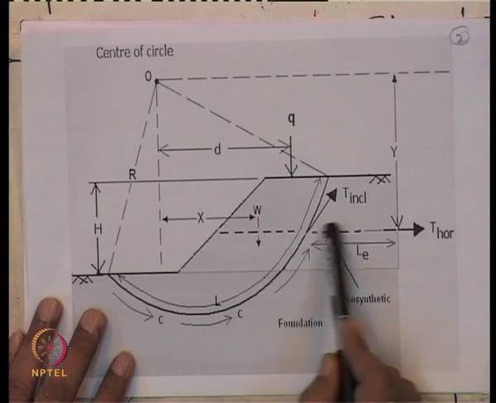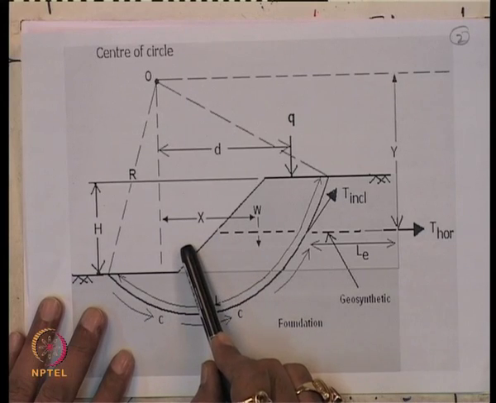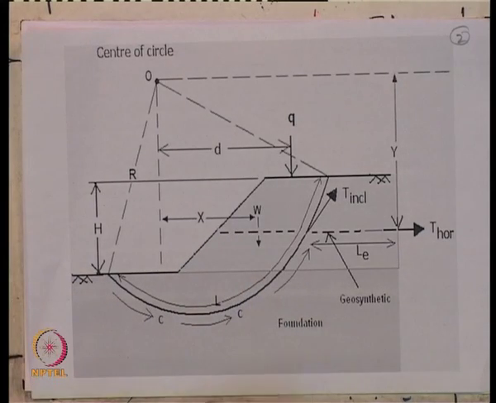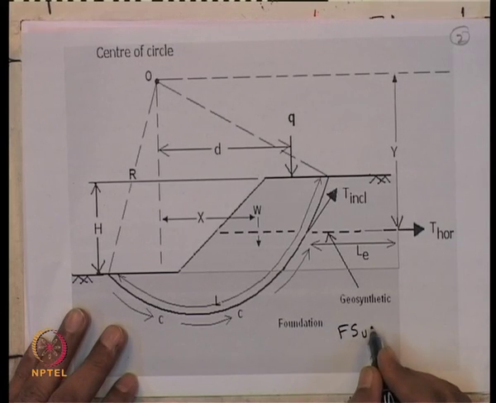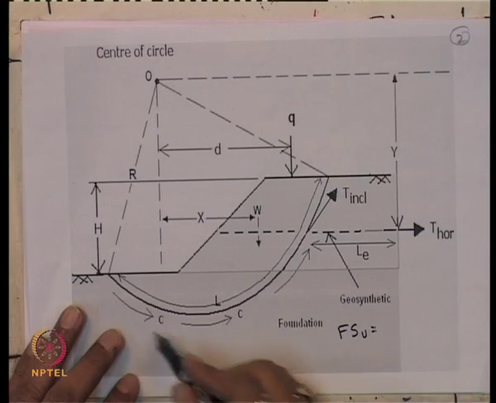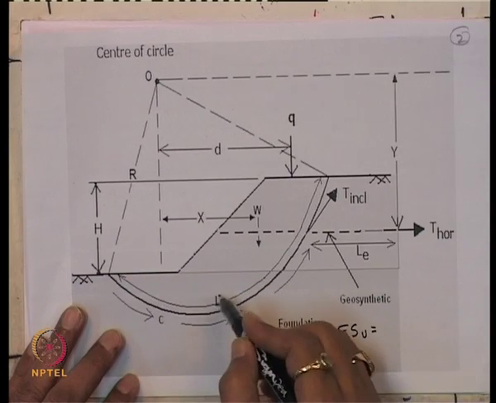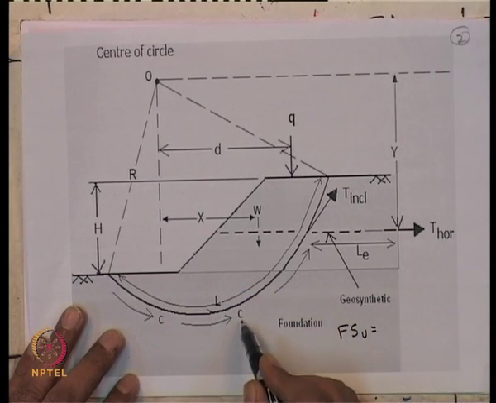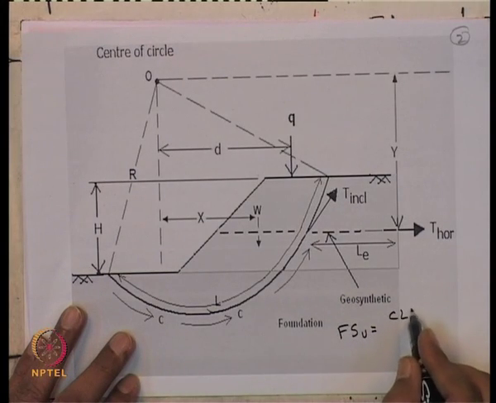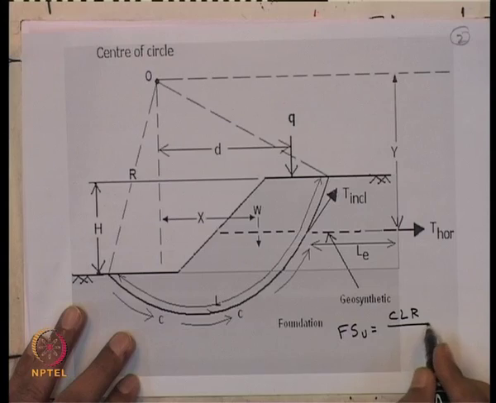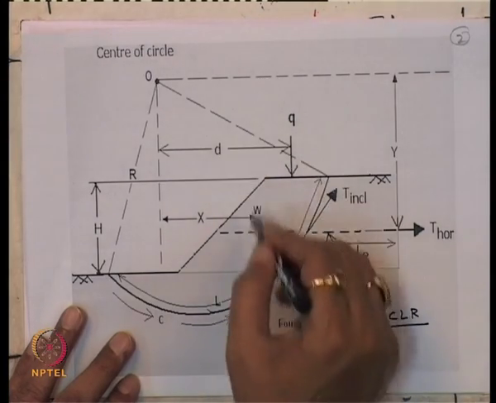So, when there will be no reinforcement, you have to check what will be the factor of safety for unreinforced soil. Factor of safety for unreinforced soil, if I say FSU, this will be equal to C and this arc length is L, so C into L into R. This is what we call the resisting moment, divided by driving moment.